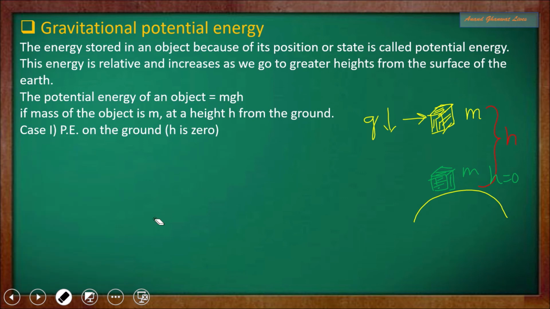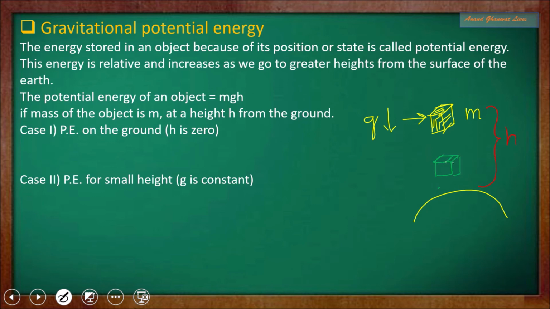Now in the second case, we have to calculate potential energy for a small height. So for very small height, the value of g does not change. So value of g on the surface of the earth is same as value of g at very small height.